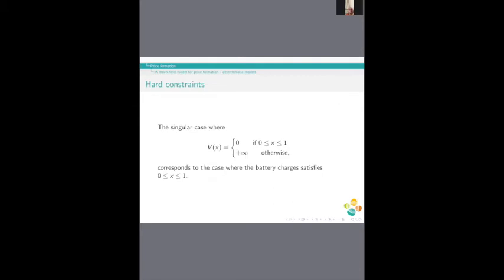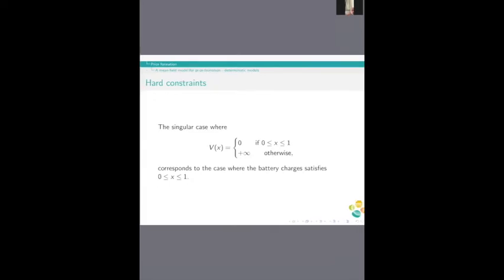This is one way to look at this running cost as some price impact. Another thing is that maybe you have hard constraints. For example, if you have a battery, you certainly cannot exceed the maximal charge, and you cannot go into negative charges. And this is exactly what happens in this situation here, when you put a potential which is plus infinity if x is less than 0 or x is greater than 1, right?